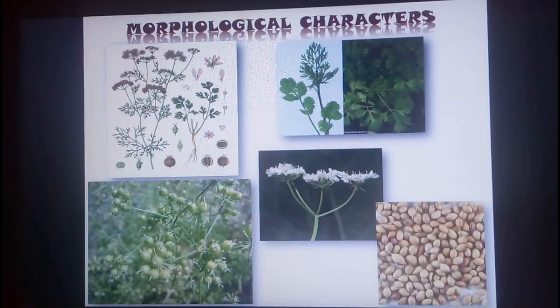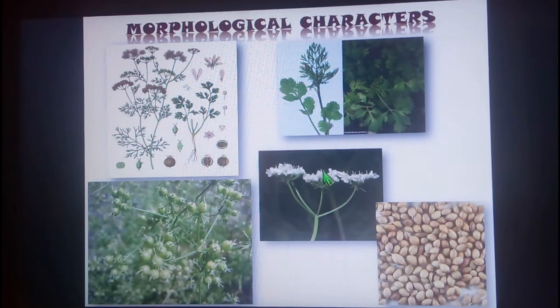Now, coming to the morphological characters, the coriander plants are aromatic herbs of about 0.6 to about 1 meter in height. The lower leaves are usually broad and segmented, whereas the upper leaves are very narrow, as you can see here in this figure.